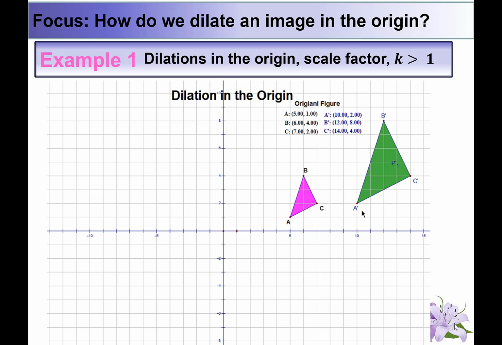If I were to compare the measurements of side AB and side A prime B prime, you notice side A prime B prime is double that of side AB. What do you think happens to the angles in a triangle when we dilate about the origin?